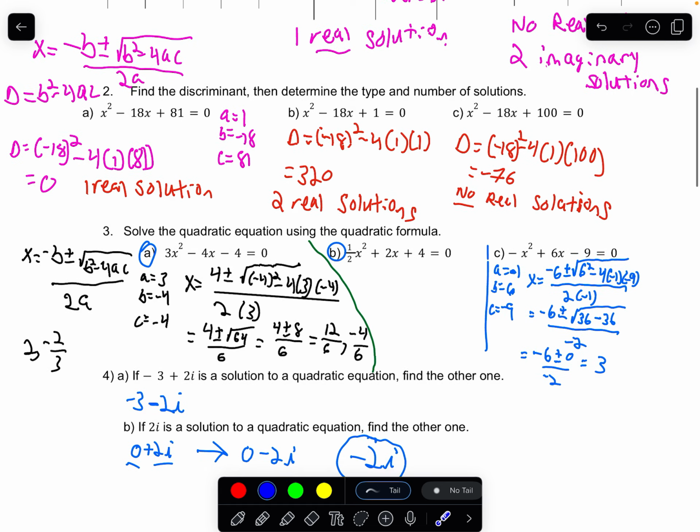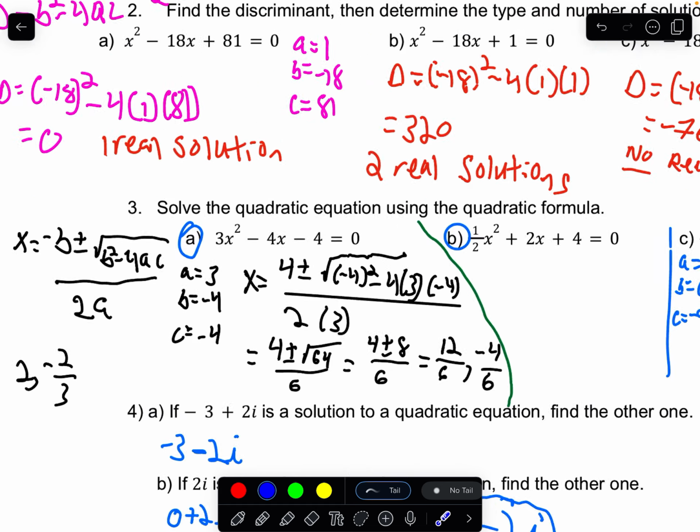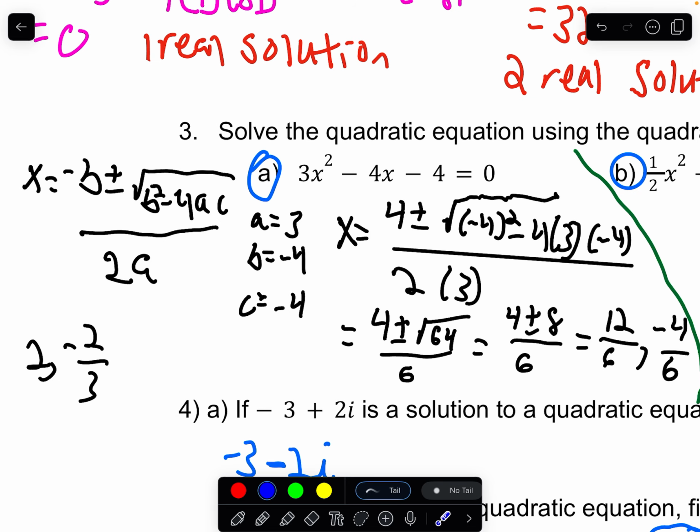Okay, question 3 is to solve these quadratic equations using the quadratic formula. I'll have it on the board, but it's right here. It's x equals the opposite of b, plus or minus the square root of b squared minus 4ac, all over 2a. You just have to be able to plug in a, b, and c.